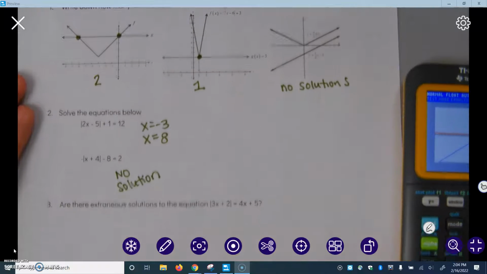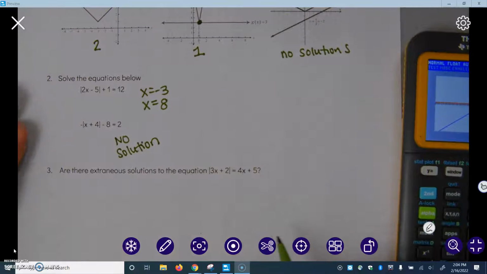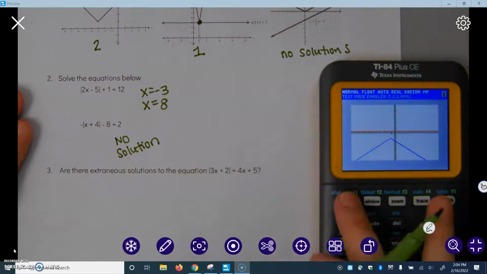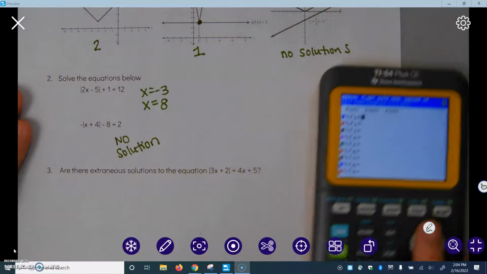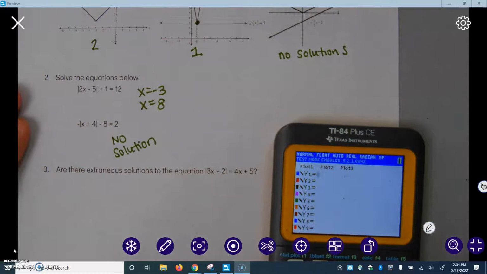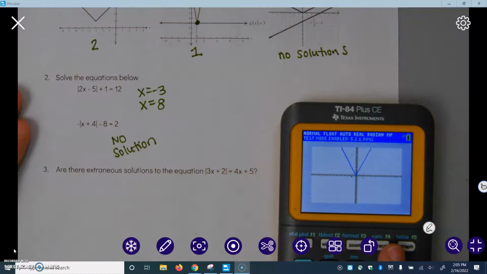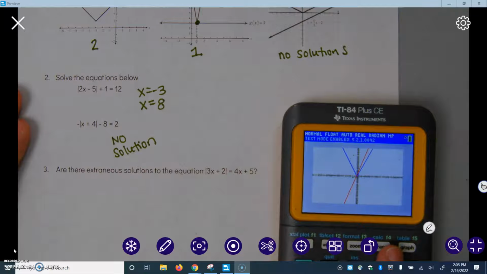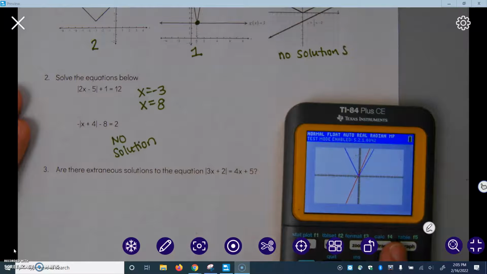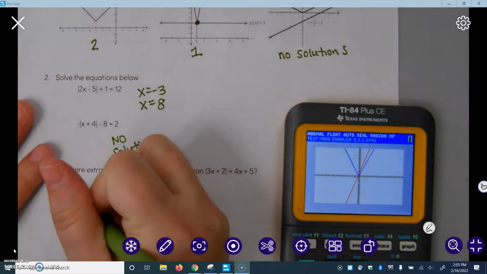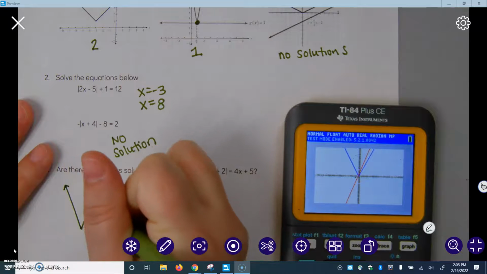All right, number 3, are there extraneous solutions to this equation? So 3x plus 2, 4x plus 5, so because this picture only has 1 solution, the answer is yes.